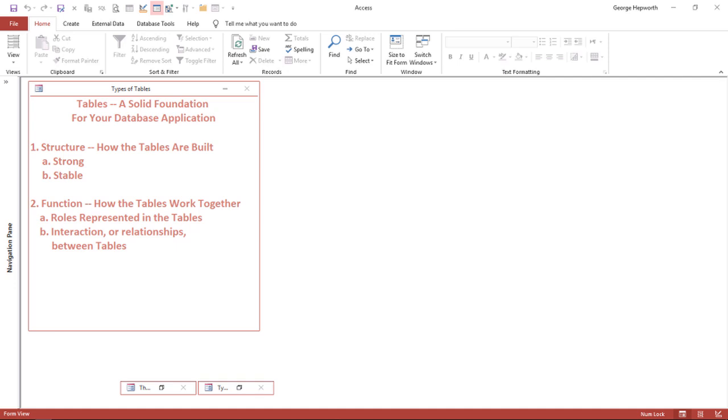And some of those, as we saw last time, are just to hold lists of items that we want to track. But there can also be tables that do other jobs for us, fill other roles.